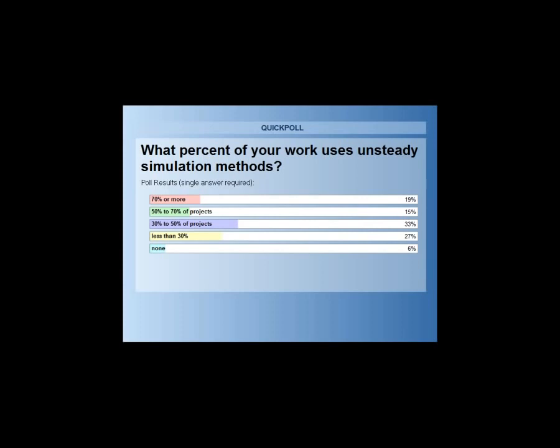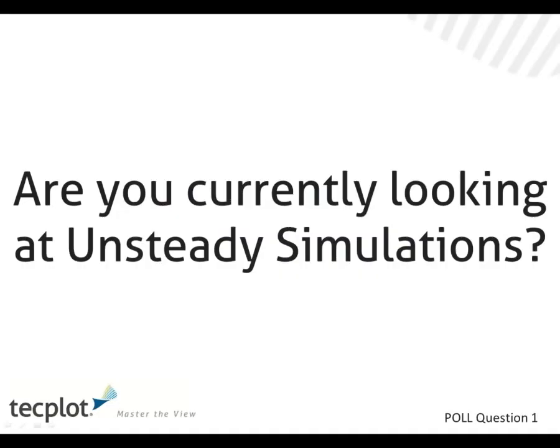Nearly everyone is moving in that direction. Flow is inherently unsteady, and as you go to higher resolutions and you're looking for more physics, you'll need to do more unsteady. In my travels I'm seeing more and more people doing this, and it makes a lot of sense.